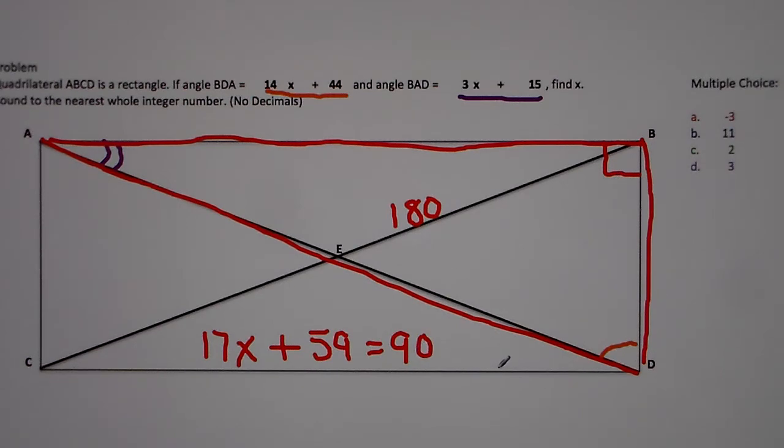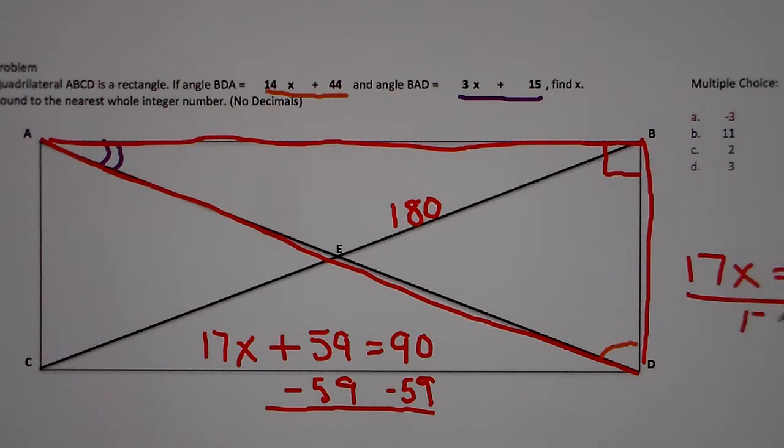Then we subtract 59 from both sides of the equation, doing our inverse operations. We're going to get 17x equals 31. We divide by 17 on both sides, and we're going to probably get 2 point something.